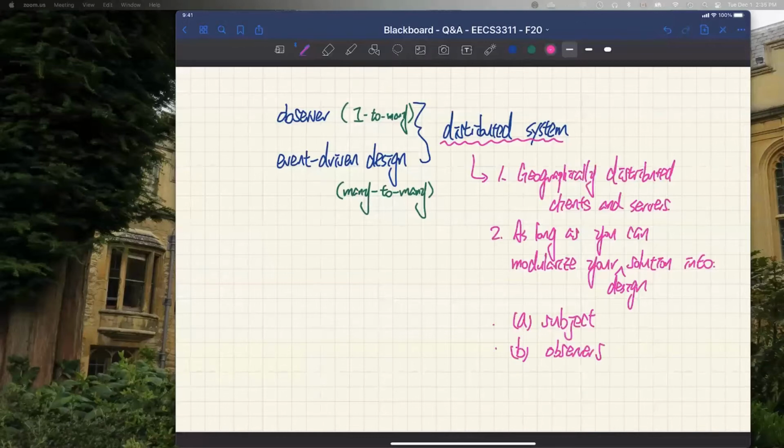You can still apply that. So you can think of distributed systems as a very general idea. It's not just physical distribution; even within the same system or the same machine, you can still use this pattern for solving the problem. All right. So Nina, does that answer your question?